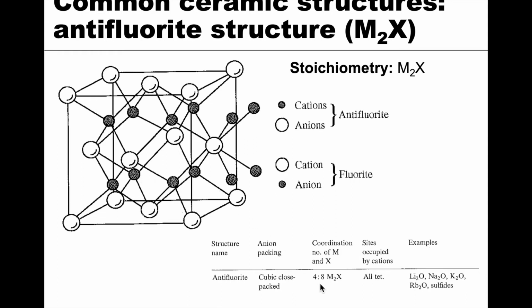And so we have a ratio of M to X, which we've seen, and the coordinations based on that are 4 for the metal. If you go through and look at any metal, any cation here, you see that it's coordinated by 4, and then the anion is coordinated by 8. Again, you can go through and look at this one they've drawn for you, which has the 4 over here and then the 4 over here.